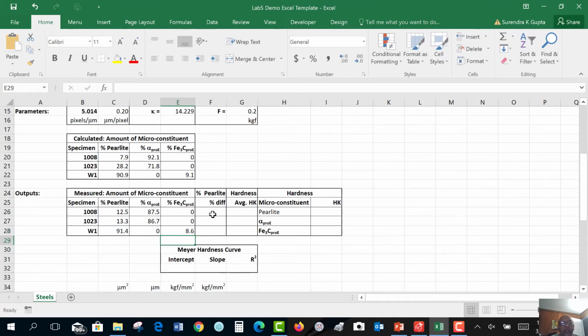Now we are going to take the percent difference, which would be measured over calculated minus 1 times 100.